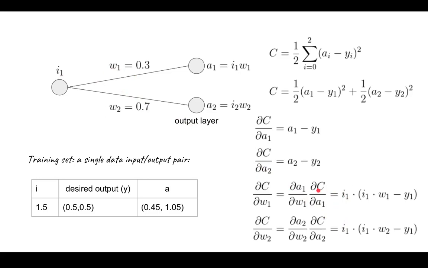So this multiple rate of change of the activation with respect to W1 and W2 is I1, and you multiply by the rate of change of the cost function with respect to the component of the activation vector in question. And this first part here is simply A1, where I've substituted A1 with the input times the weight.